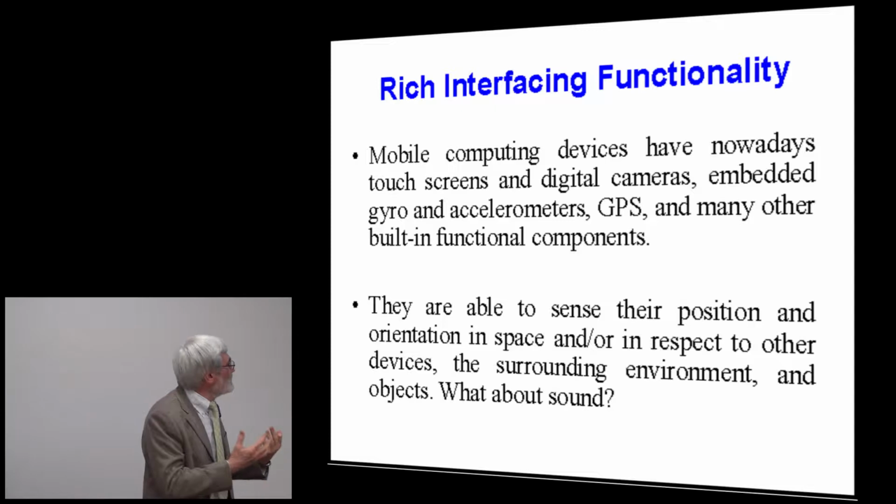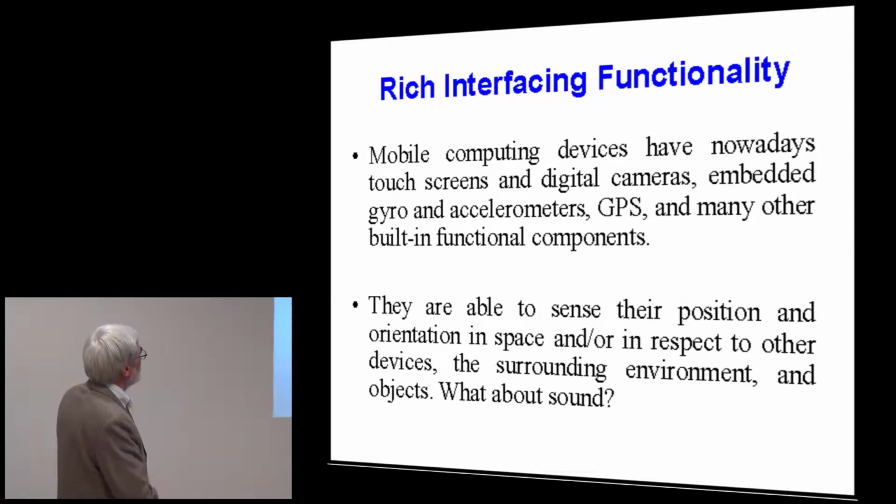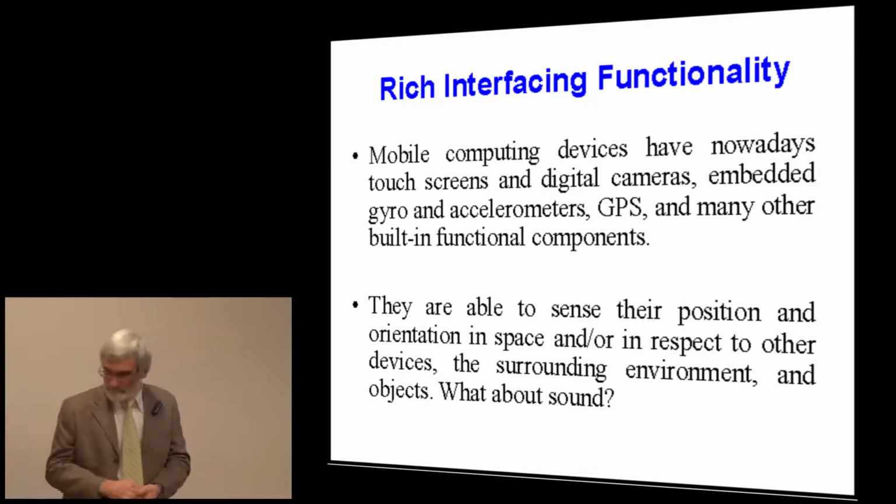Let's try to think about how to enrich these interfacing functionalities. Widely spread mobile computing devices have touch screens, digital cameras, a lot of functionality there. So they can sense positions.